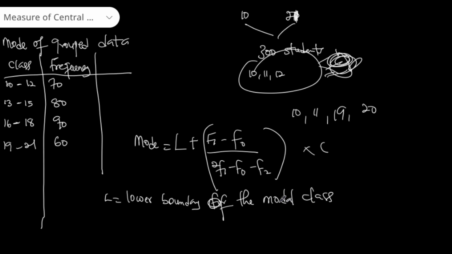That is the class that has the highest frequency. So our L is the lower boundary of the modal class. The modal class is 16 to 18 because 16 to 18 has the highest frequency, right?